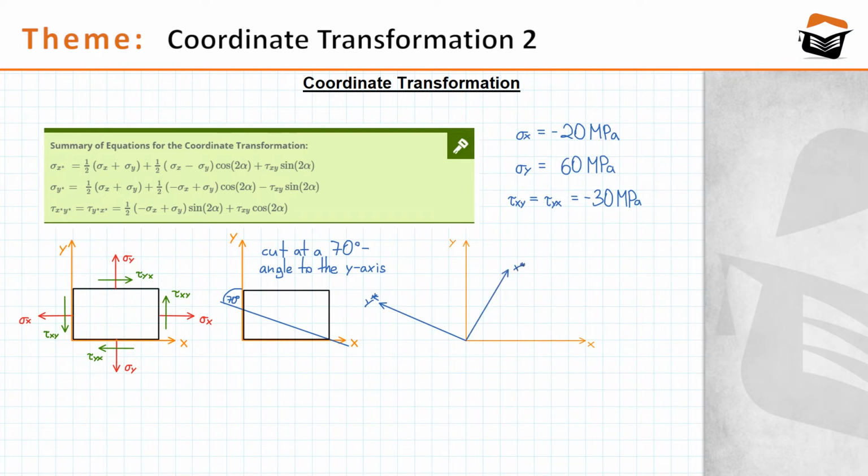So that's the x star axis, and as you can see, the coordinate system has rotated counterclockwise by 70 degrees. And that's the same value as the angle of the cutting area. With that, our alpha in this situation will be positive 70 degrees.